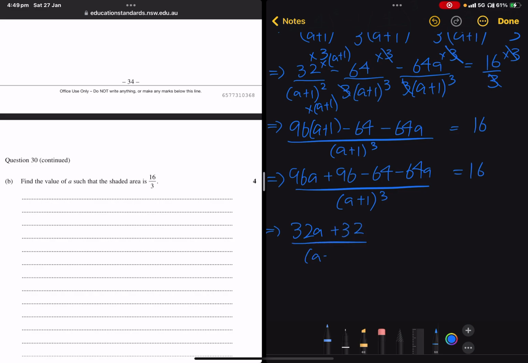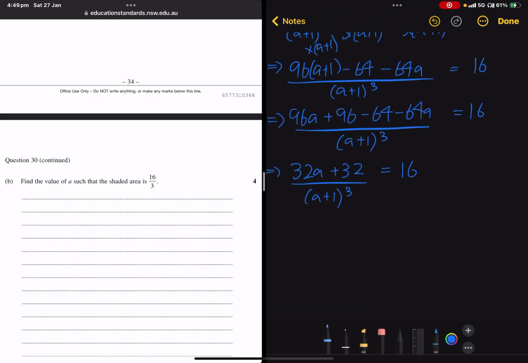This is all over a plus 1 cubed. Now at this point, this is still equal to 16. I can factorize in the numerator, so I'm going to get 32 times a plus 1 over a plus 1 cubed is equal to 16.